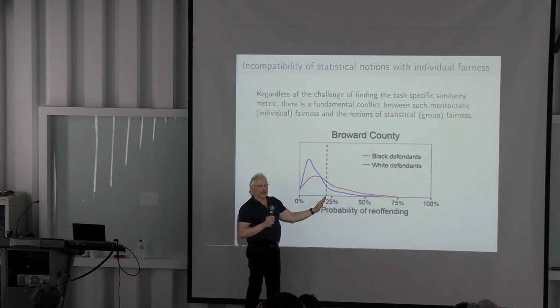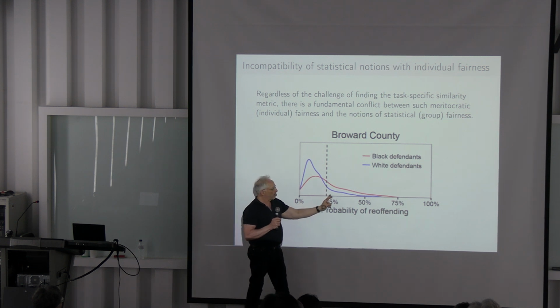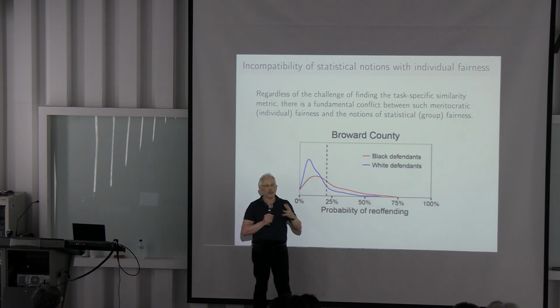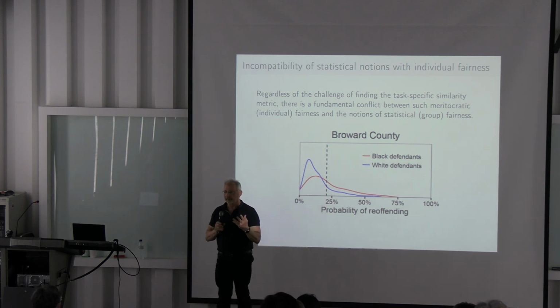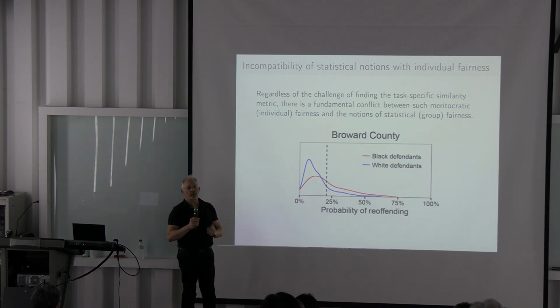And I will say, assume that I knew your probability of reoffending. Everybody that has probability of reoffending below 20%, I will release them. Everybody that has probability of reoffending above 20%, I will keep them in custody. That is completely individually fair, because I did not look at anything else, right? But this is going to violate group fairness.